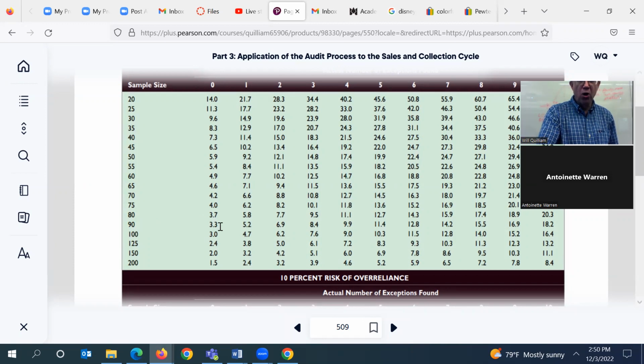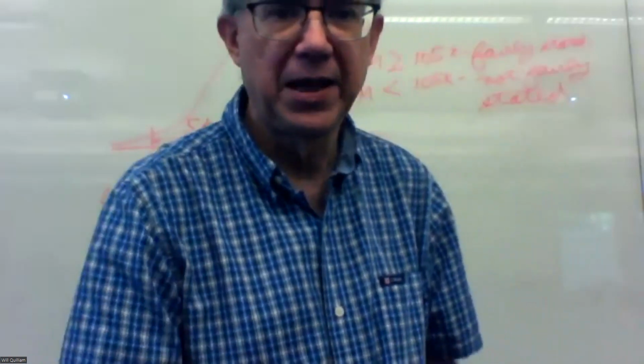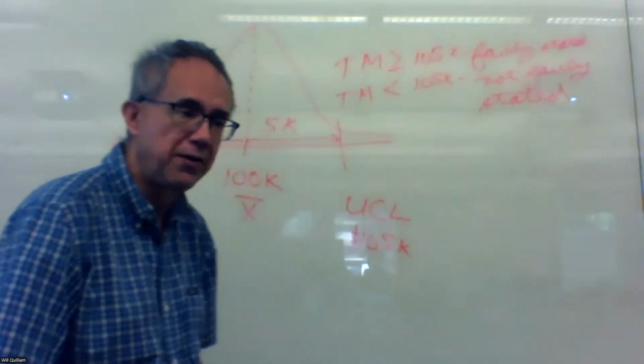Where the column and the row intersect, we see 3.3. So everybody see that? Okay. That means 3.3% is our upper confidence limit. Let me contemplate that and I'll come back here live to the board.